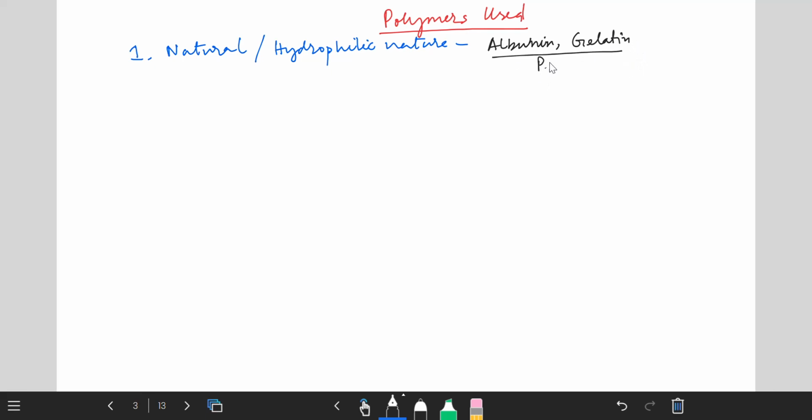These are proteins, and alginate, chitosan, agarose, these types of polysaccharides are used.